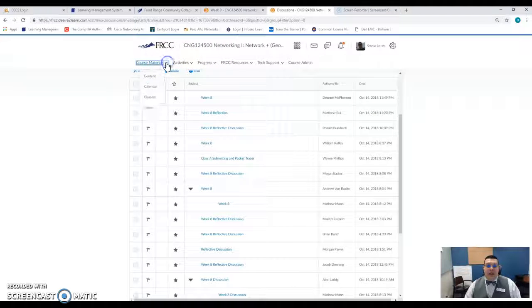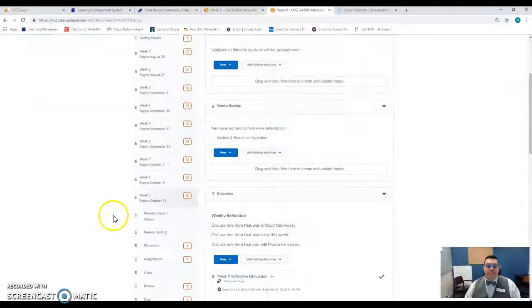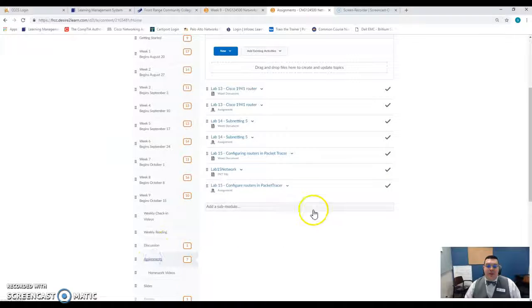Let's see. For the content for this week, I believe one of the assignments is looking at the 1941 router. So we take a look at the 1941 router. You can use the Netacad online portion for this to help you identify parts of the Cisco router.